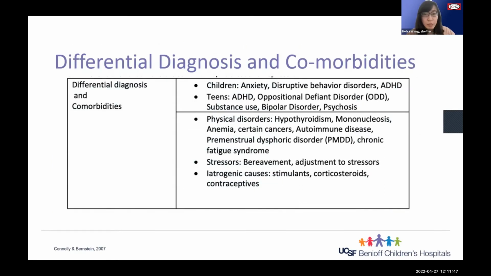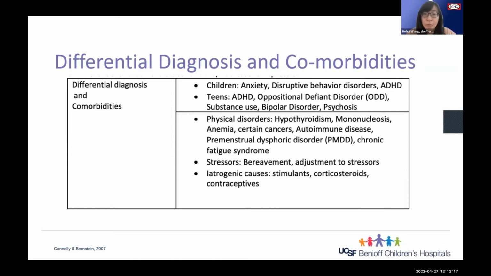After we complete the screening and interview, there are a few other things to think about. One thing is differential diagnoses and other comorbidities. In children, the common ones are anxiety disorder, disruptive behaviors, and ADHD. In teenagers, ADHD is still high on the list, and also there are other types of behavior disorders, including oppositional defiant disorder and substance use disorder.